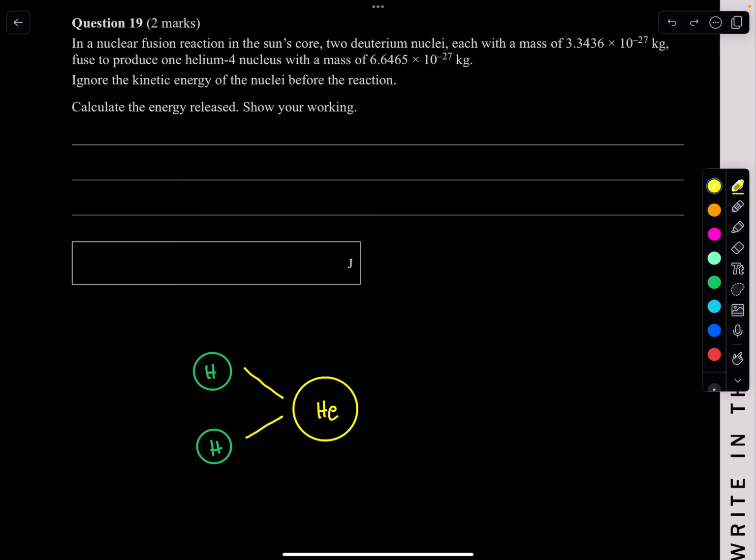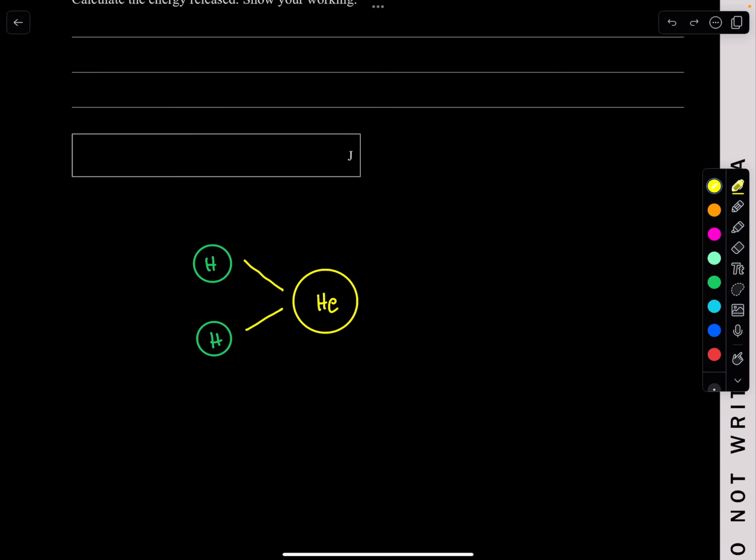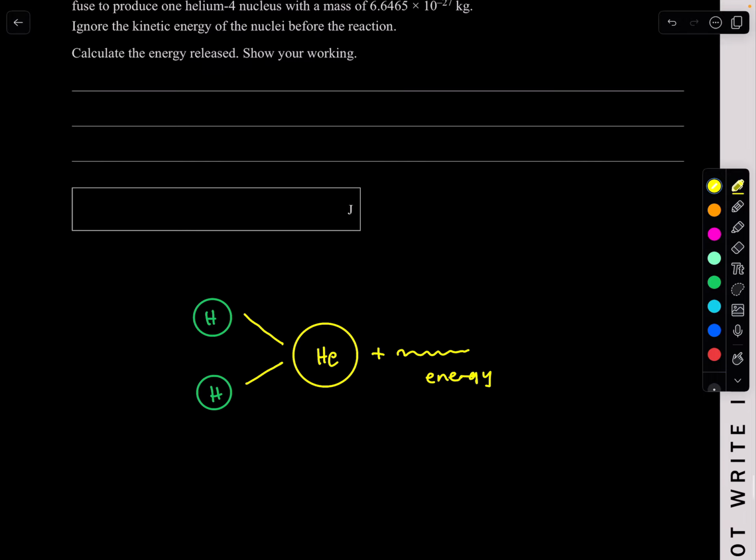Now, there would be some mass lost throughout this conversion, and that mass is going to be released as energy. That's what we want to do: calculate the energy released. So we need to calculate the mass that has been lost.